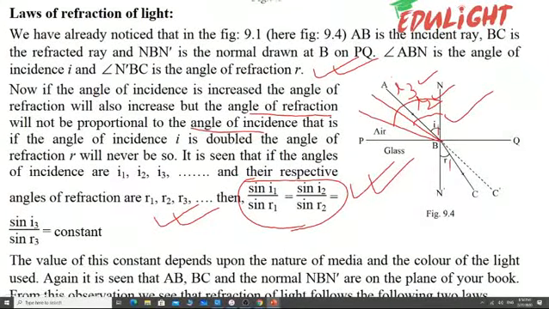For I1 we will get R1, for I2 we will get an increased refracted angle R2, and for I3 we will get a further increased refracted angle R3. But here it is saying that the angle of refraction will not be proportional to the angle of incidence.